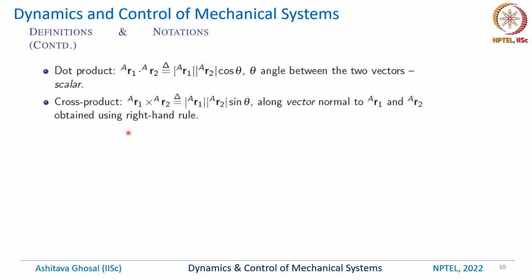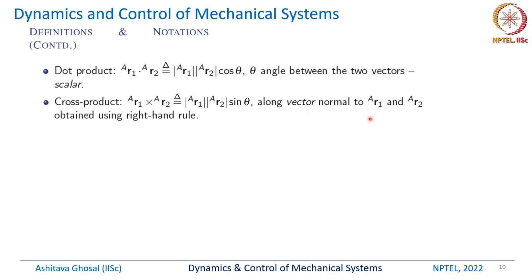The cross product of two vectors AR1 and AR2, denoted by the cross symbol, is defined as the magnitude of AR1, magnitude of AR2 into sine theta, where theta is the angle between these two vectors. The cross product of two vectors is also a vector.